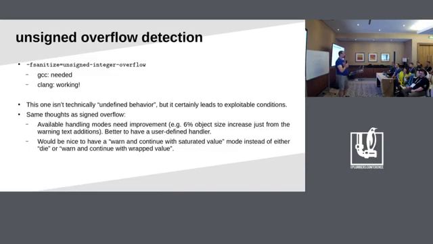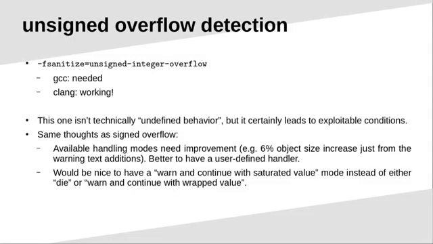Very similarly, there is unsigned overflow. The kernel does a lot of legitimate unsigned overflow, so finding and marking those is something that needs work in the kernel. On the toolchain side, Clang has the ability to do this, the same instrumentation as signed, but GCC does not. I haven't looked into why. I assume it's relatively similar.